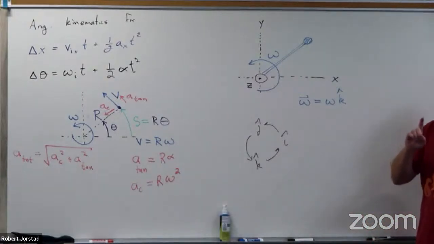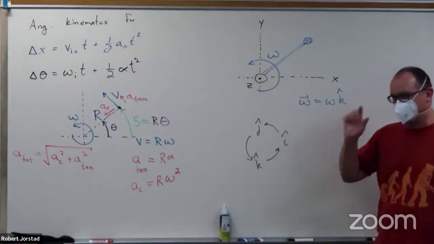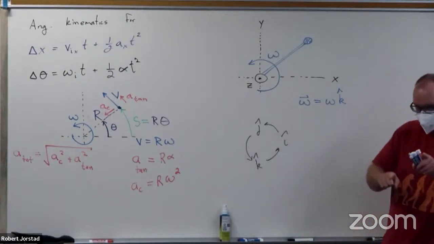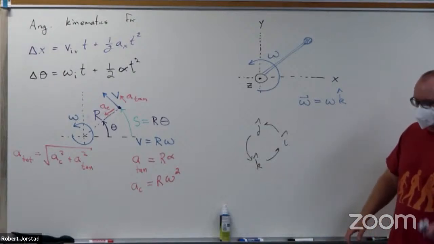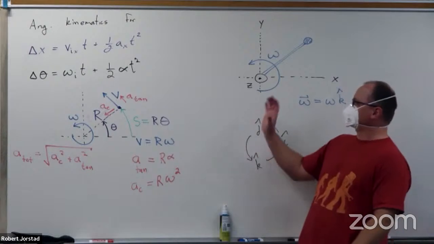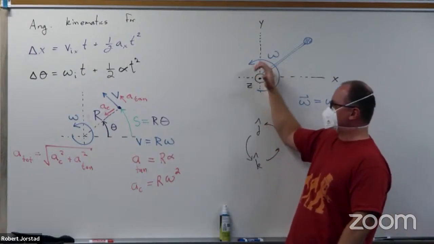But think about this. We're going to show you a new right-hand rule. Grab that axis and have the fingers of your right hand curl in the correct direction. Watch this. Ready? So I know you're working. Just give me your eyes real quick for this one part. I'm going to grab the axis and curl my fingers in the direction of omega.